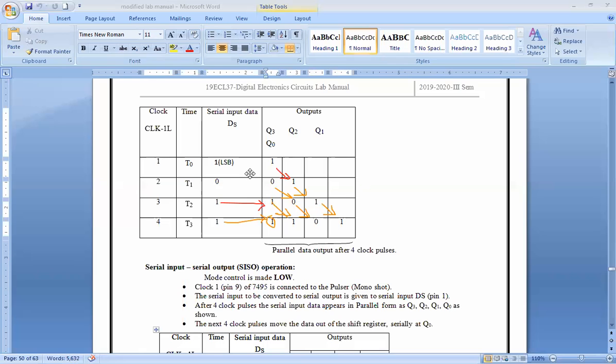So with this, we understand that whenever you give a bit at your input, across your DS, it starts shifting bit by bit towards the right, and ultimately after about 4 clock cycles, you will be able to get your final data. Is that clear, all of you?